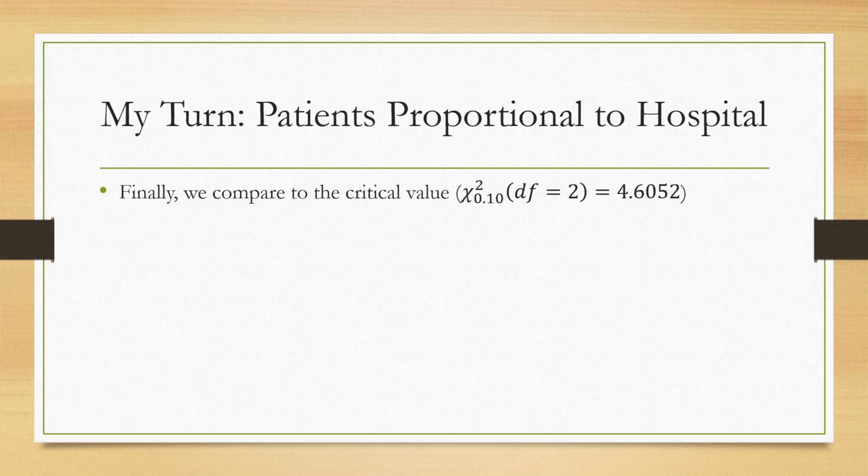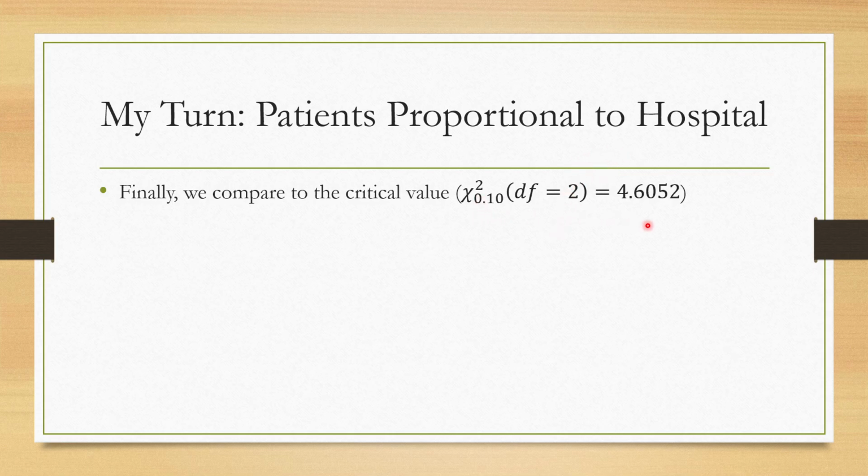I simply compare to the critical value. Notice that I'm using an alpha of 0.10 here. My degrees of freedom is 2, so it is the total number of options. In this case, I had 3 options: hospital A, hospital B, hospital C. And then I subtract 1 from that, and that gives me my degrees of freedom.